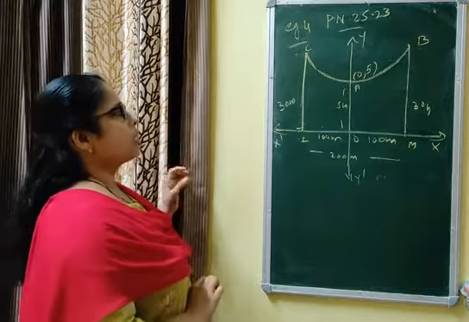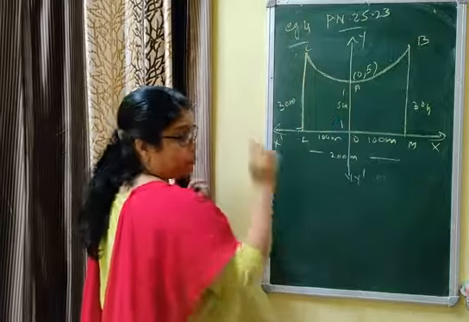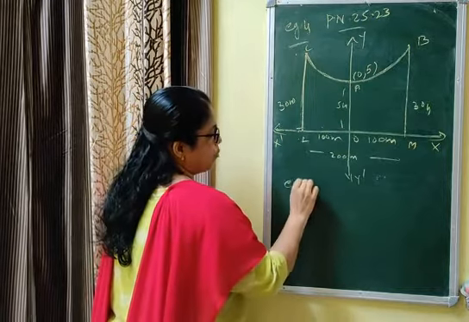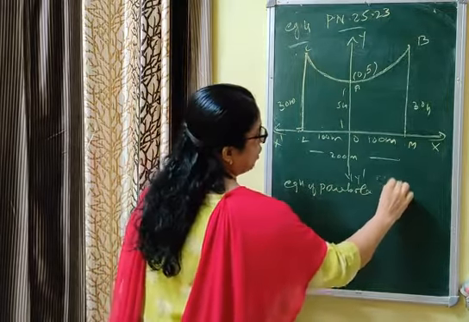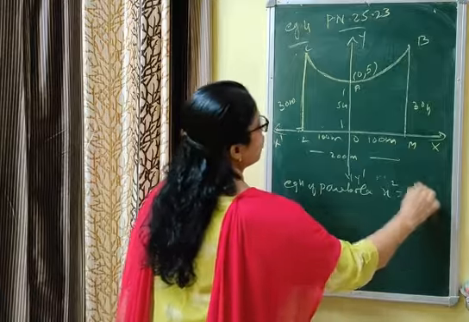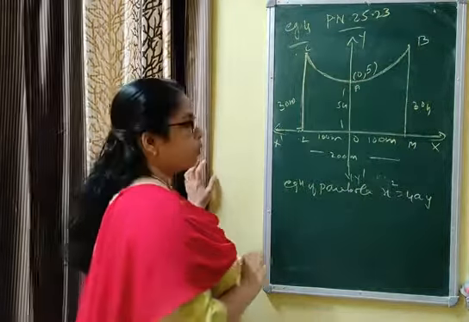Since the bridge is hanging in the form of an upward parabola, the equation of the parabola is x square equal to 4ay, because it is above the x-axis. Now the topic of shifting origin is coming.